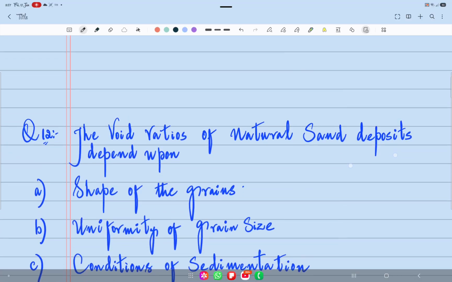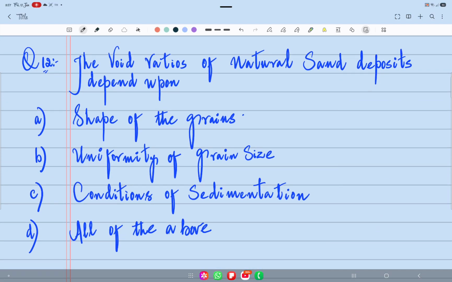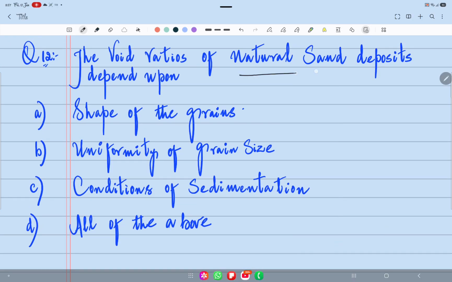Moving on to question number 12. The void ratios of natural sand deposits depend upon shape of the grains, uniformity of grain size, conditions of sedimentation, or all of the above. The void ratios of the natural sand deposits depend on all these conditions.